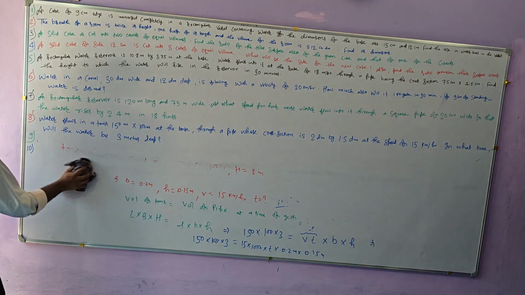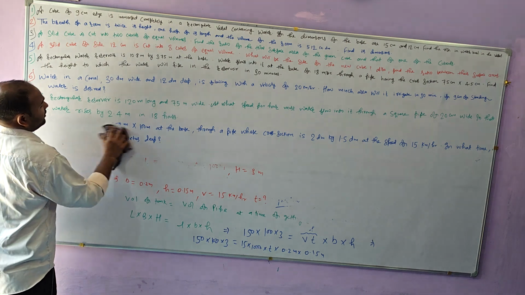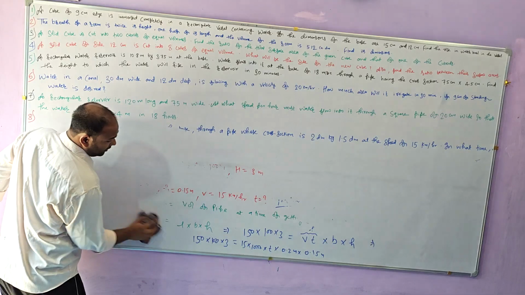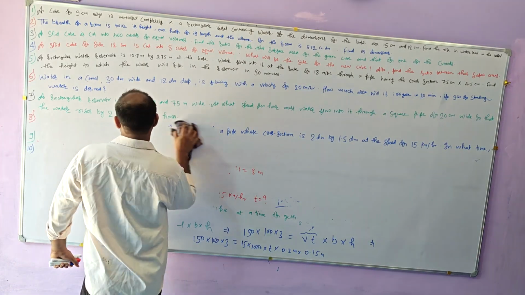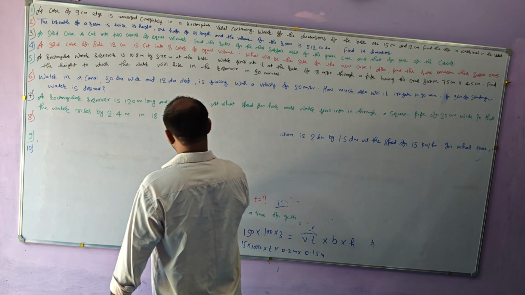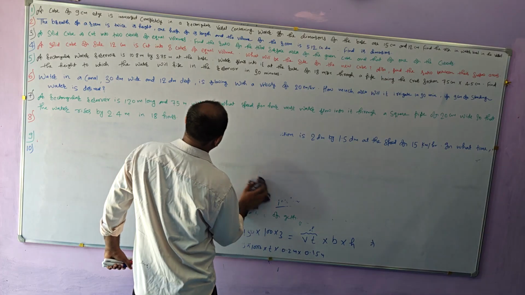So in another question, a rectangular reservoir is 120 meter long and 75 meter wide.